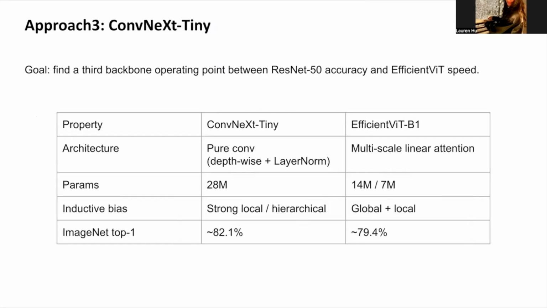ConvNeXt Tiny is a purely convolutional network. It uses depth-wise convolutions and layer norm, modernizing the classic ResNet design without any attention. At 28 million parameters, it sits right between ResNet 50 at 44 million and efficient ViT's 7 to 14 million range.